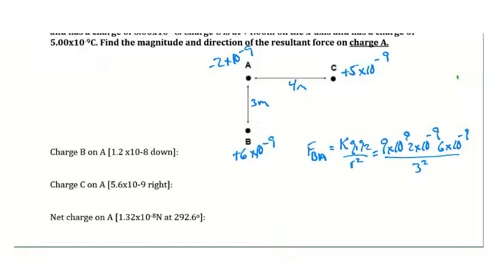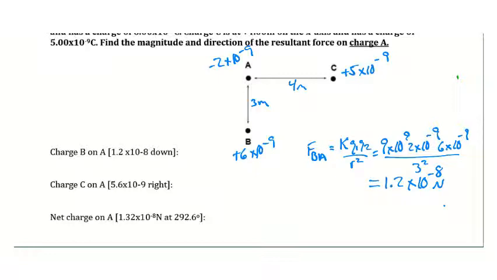And go ahead and type that into your calculator. And we get 1.2 times 10 to the -8th newtons.